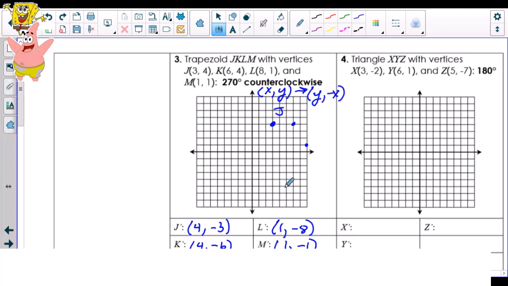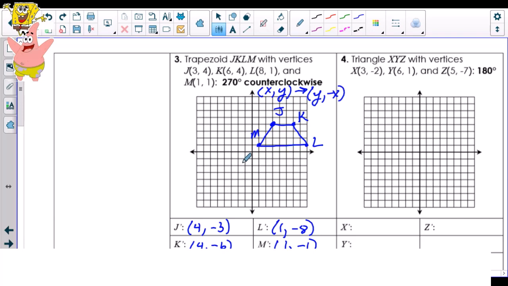And what do we have left? M is at 1, 1, like that. Sorry, I forgot, I didn't label those. So that's K, and this is L, and that's M right there. And so this is a trapezoid, so it looks like that.